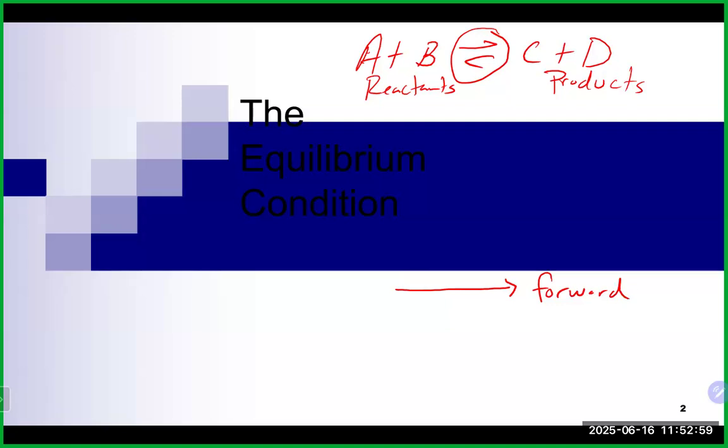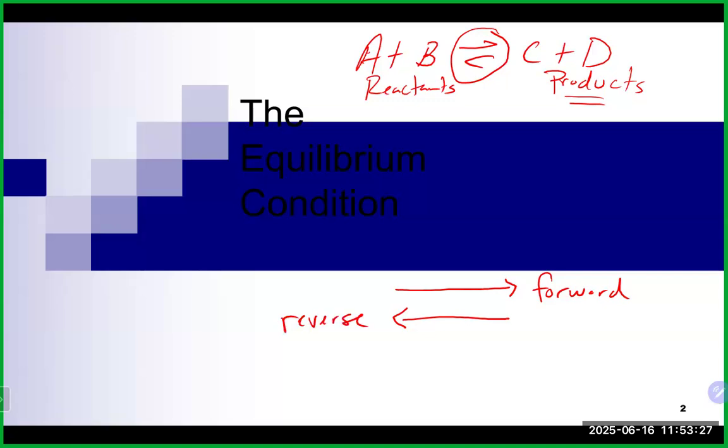What makes these reactions interesting is that at some point you will create enough products that those products will decide they would like to also react with each other, and it will send the reaction heading in the opposite direction. So at some point you'll build enough products that the products will start reacting and forming some reactants. This is what is referred to as the reverse direction.